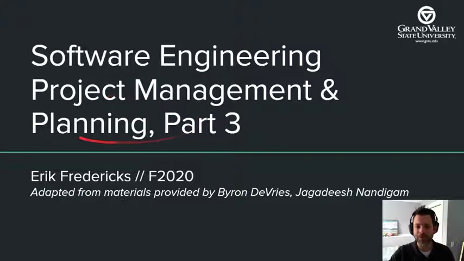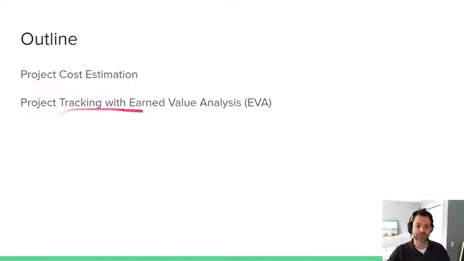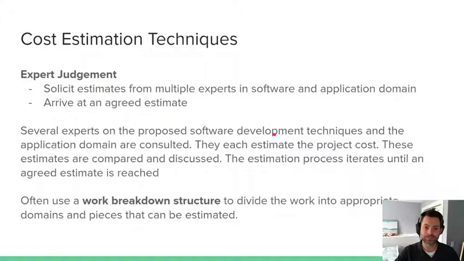So let's talk about actual project estimation here. We're going to go through some of the high-level techniques. We'll talk about the COCOMO models, which are more algorithmic. We'll talk about earned value analysis, which you probably will only have heard of if you've ever had to do any project planning, but it's one way to basically look at estimation. So first things first, we have a handful of techniques that we can use to figure out cost.